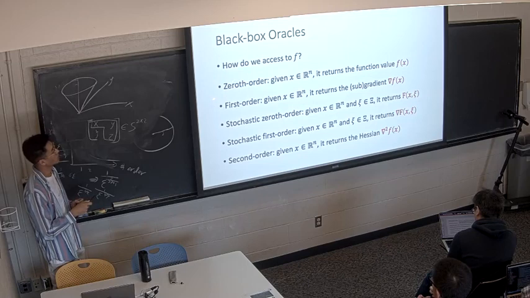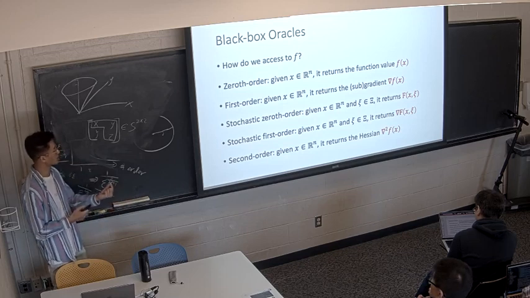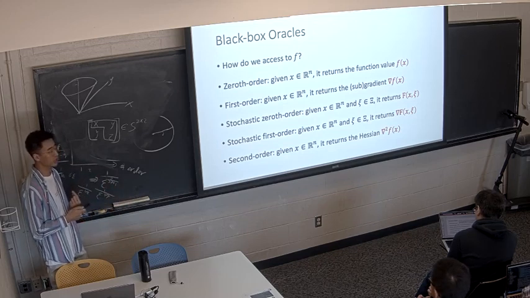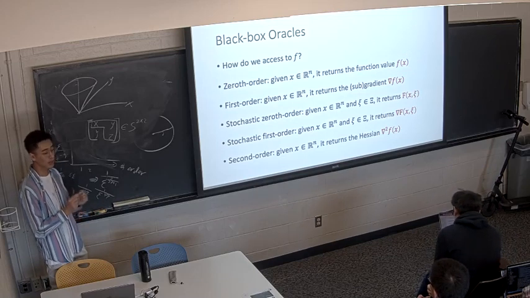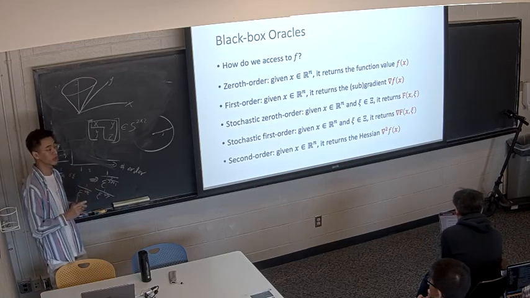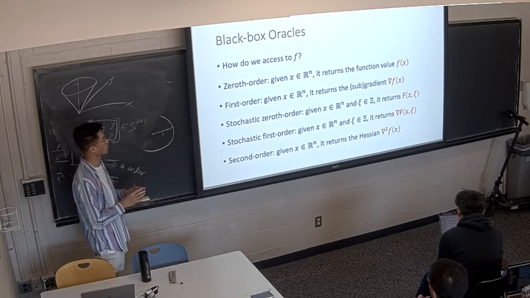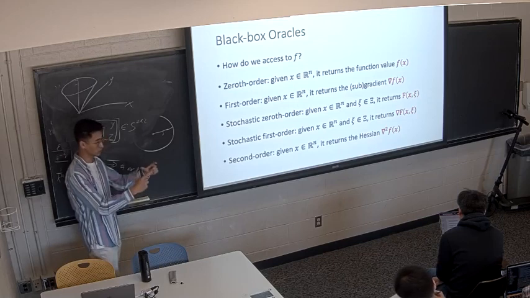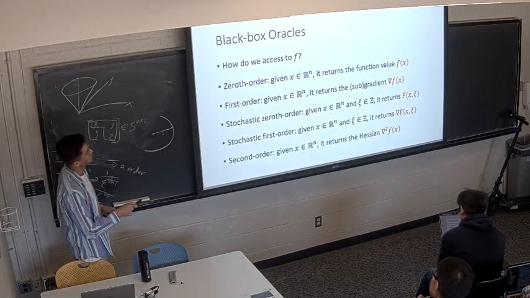First of all, we can assume a zero order oracle, which is like if I give you a point x, can this oracle return me the function value at the point x, which is f of x. But this does not mean we know f. It's just a one-point evaluation. So we just know one value of f. We don't know any other point in your feasible region C. So this is an oracle, and this is for zero order.